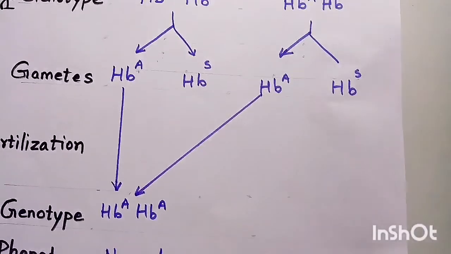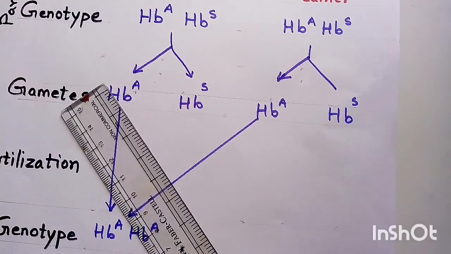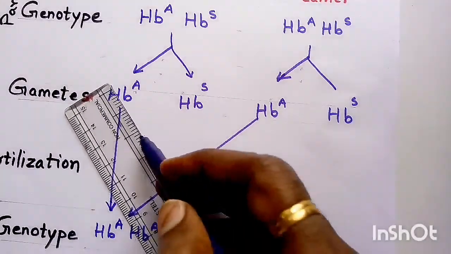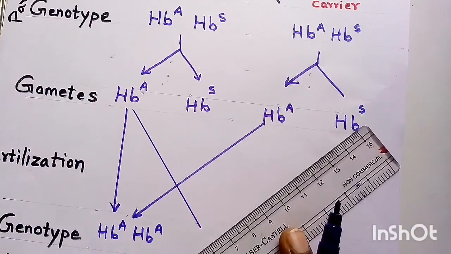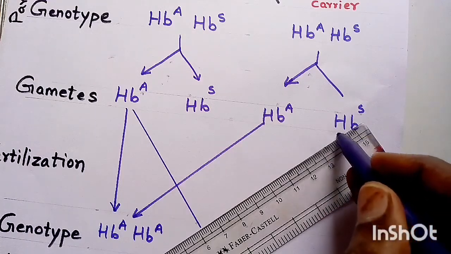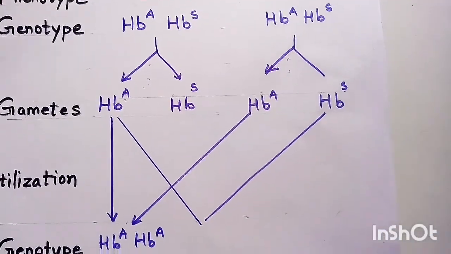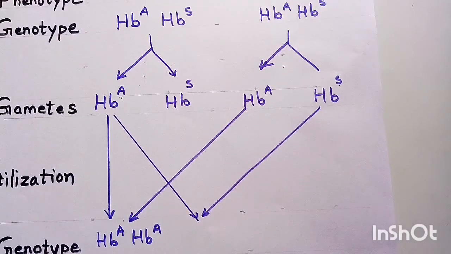Similarly, we have to do the cross for the other one also. So now we'll take this same gamete, but this time we'll cross it with the other gamete from the female parent. What will be its genotype?